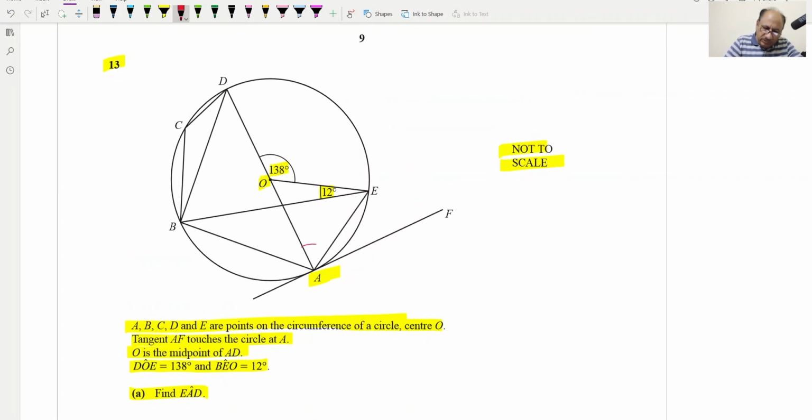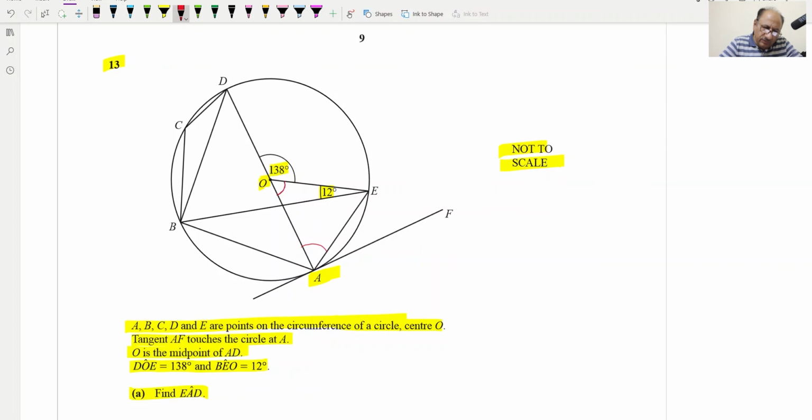Okay, so EAD is this angle which we need to find, and to find this angle, we can first of all figure out this angle.